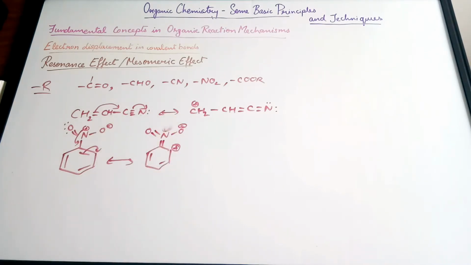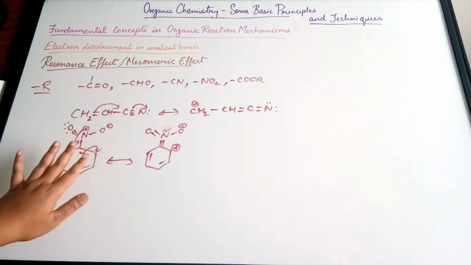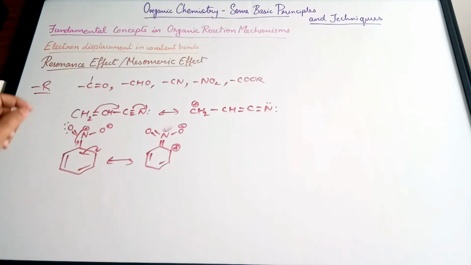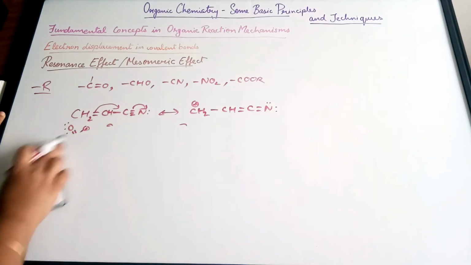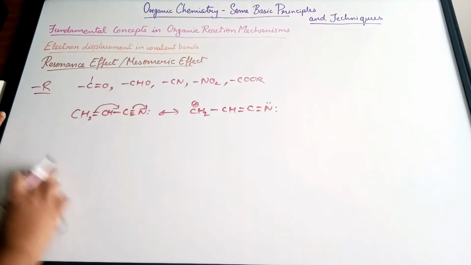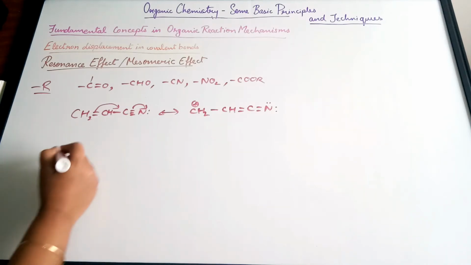This is because in organic chemistry, no matter where you go, whichever reaction you write, the electrons movement is what is going to get considered, and the movement of the electrons is going to be denoted by this arrow. No other charge, only the electrons movement is going to be shown by the arrow. So this movement of positive charge is wrong. Instead, here also we'll be showing it with the movement of the negative charge only.